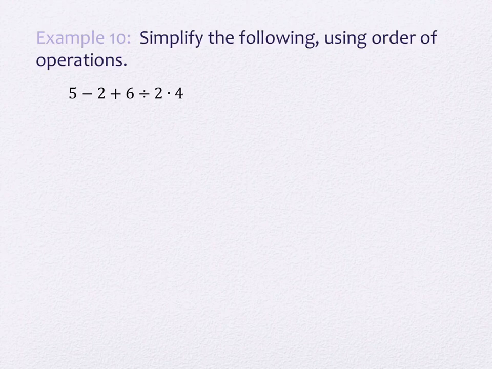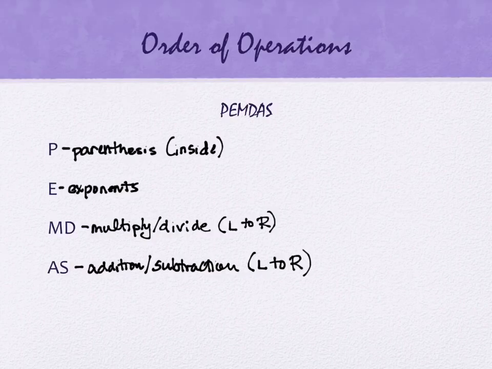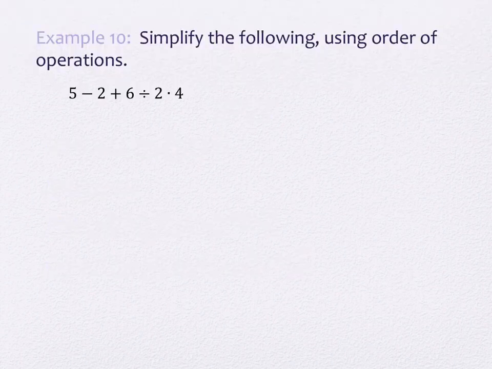So this does not have any parentheses, and it does not have any exponents, correct? So we don't have to deal with the first two steps of this ordering. We're down to the point where we're doing multiplication and division. And if I'm moving from left to right, what operation do you see that you will need to do first? The 6 divided by 2.